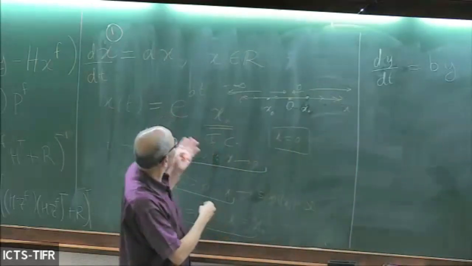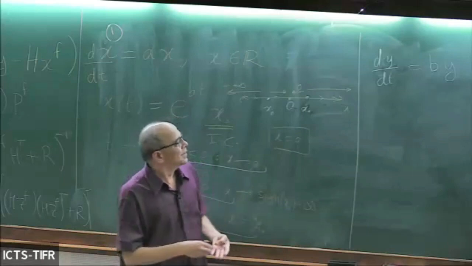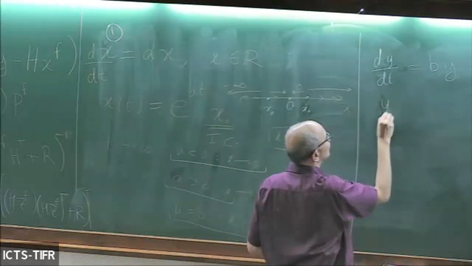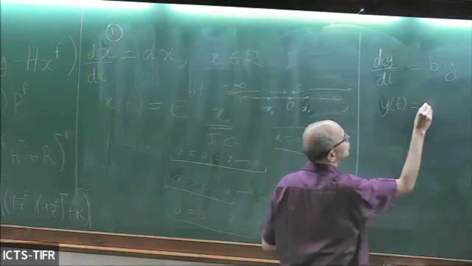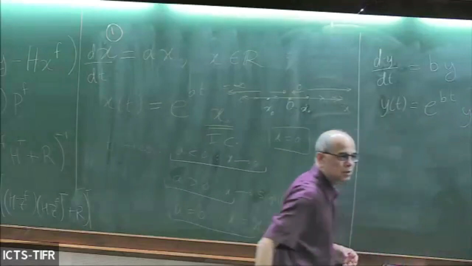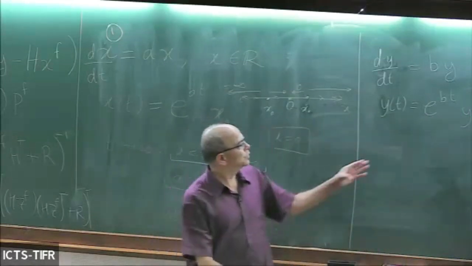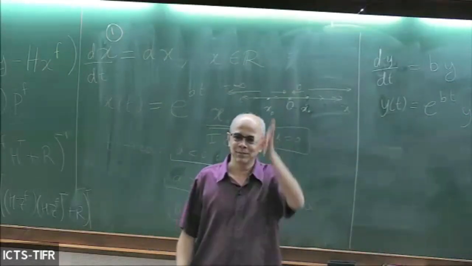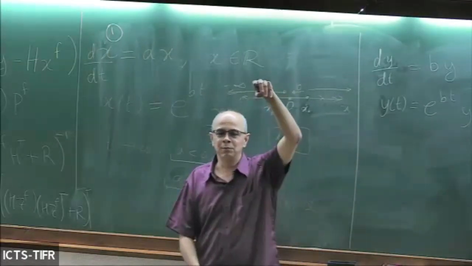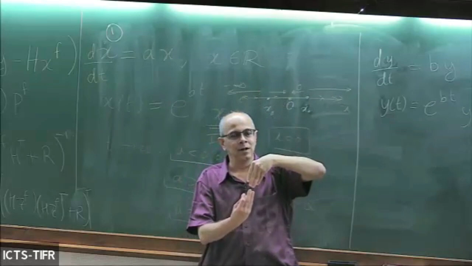The solutions are very similar looking: y of t equal to e to the power b t times y naught. And now this is happening in the vertical axis. Same story. If b is positive, this is unstable. If b is negative, this is stable.